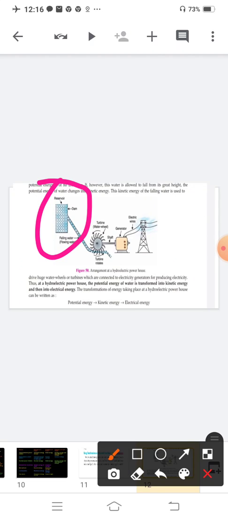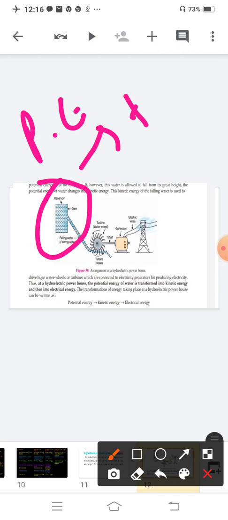Now if water falls from a great height, your potential energy will convert into kinetic energy. Clear? The kinetic energy of falling water is used to drive a huge water wheel. Clear?